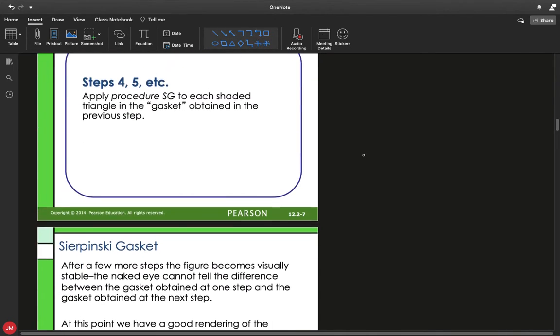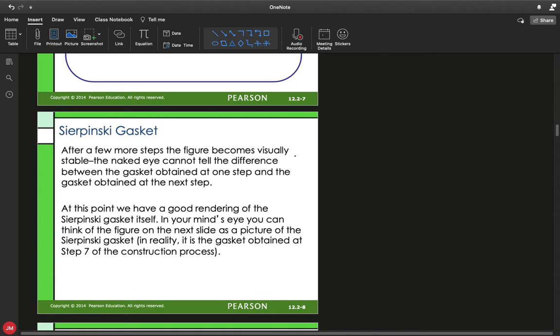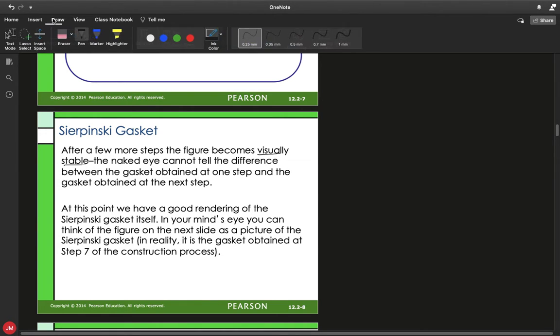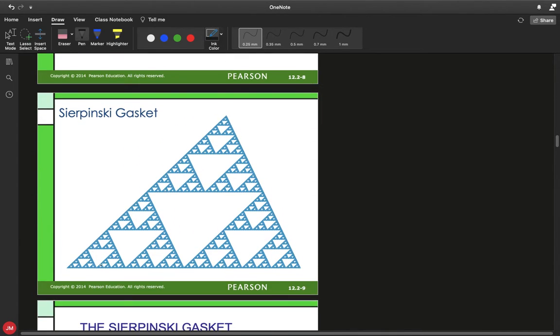As we continue to do that, we will eventually get to a point where the figure becomes what we call visually stable. Remember, visually stable just basically means that at the point that you get to steps 4 and 5, there's no longer a way to distinguish it from one step to the next. Now, really the gasket obtained at step 7 is kind of where that is, but this is what that looks like.